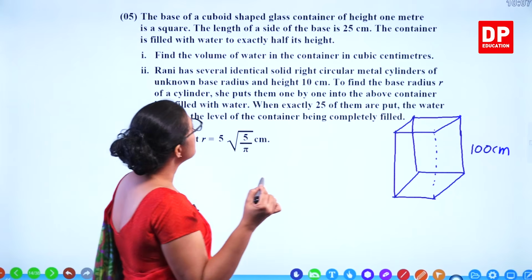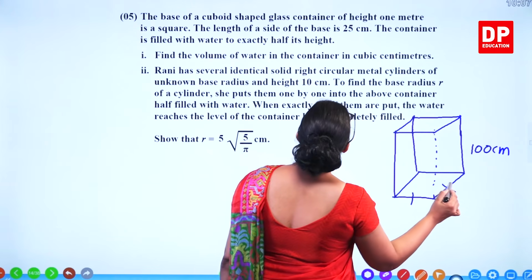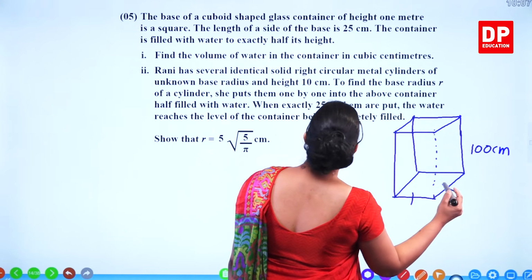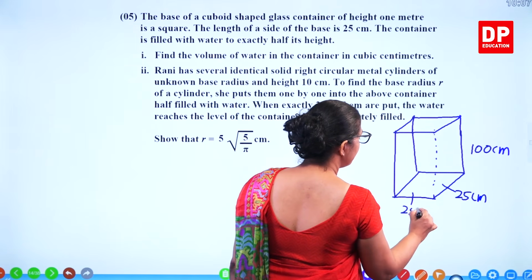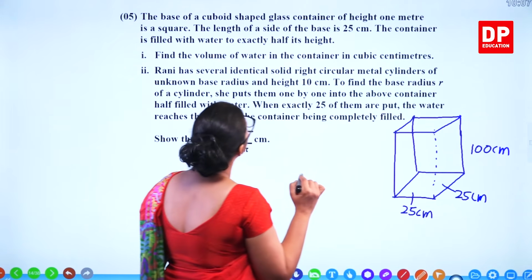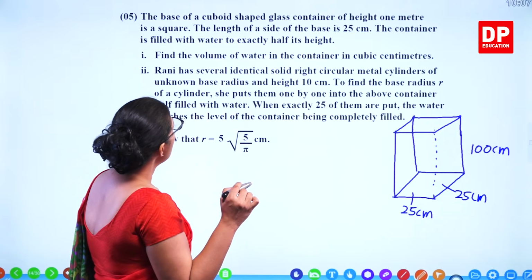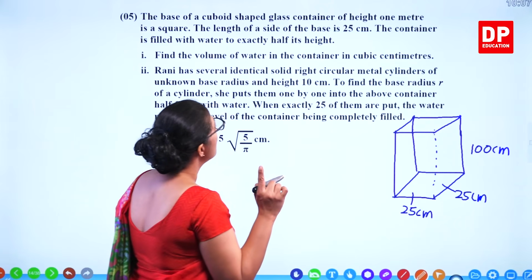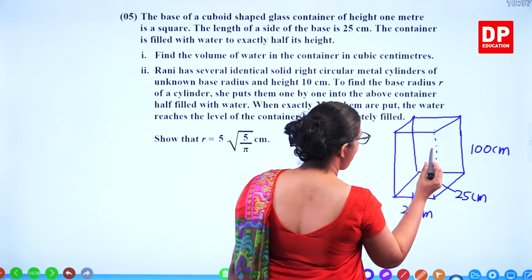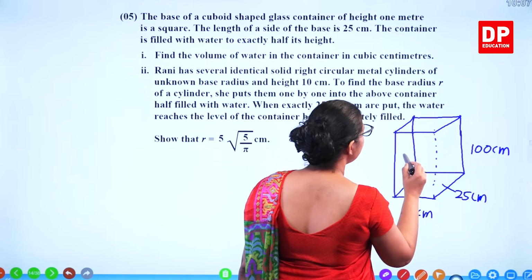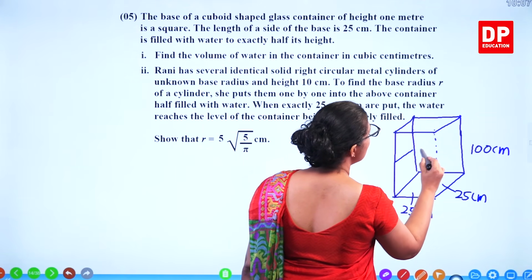And the base is a square, so 25 centimeters is the length of one side. Container is filled with water to exactly half its height. That means 50.